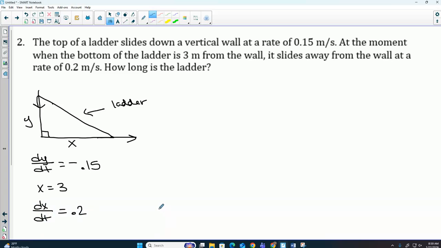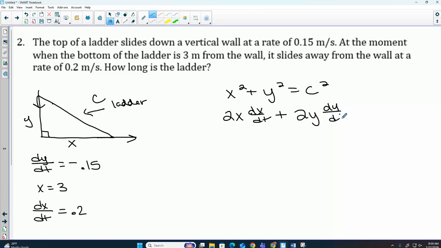How long is the ladder? So if I call this C, that's what I'm trying to find. Right triangle, Pythagorean theorem, x squared plus y squared equals c squared. When you do the derivative, you get 2x dx/dt plus 2y dy/dt. But here's where you have to be careful. C is the ladder. What's the derivative of that? All right, so then we plug in.